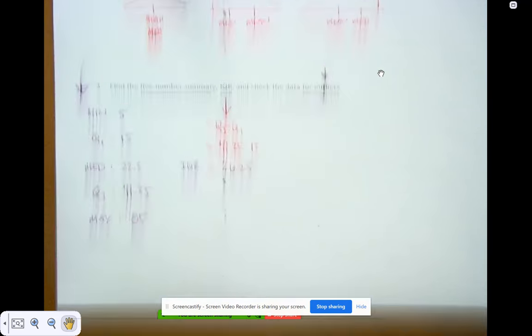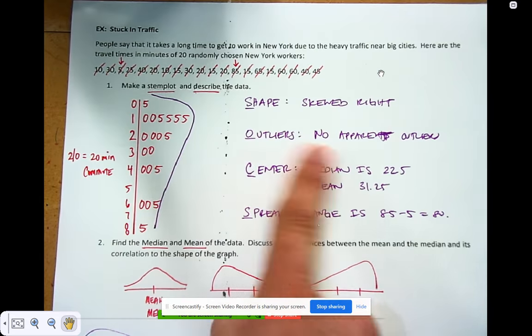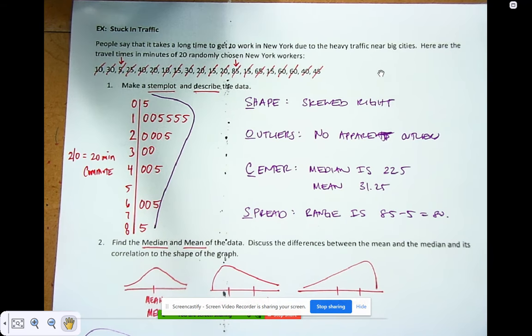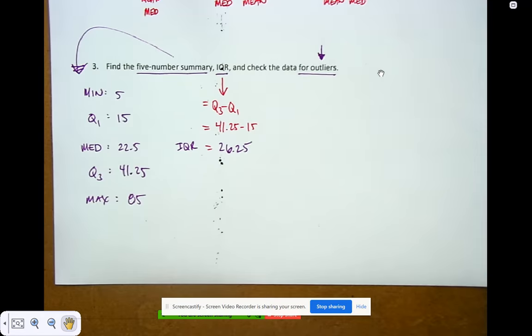So remember, up here, we said no apparent outliers. You guys don't have any idea how to say with certainty that there is or is not an outlier. Okay. Now I'm going to give you the mathematical way to say, yes, for sure, there's an outlier.